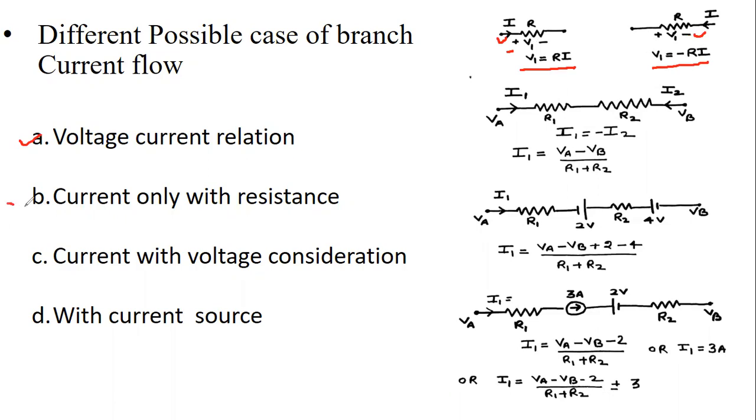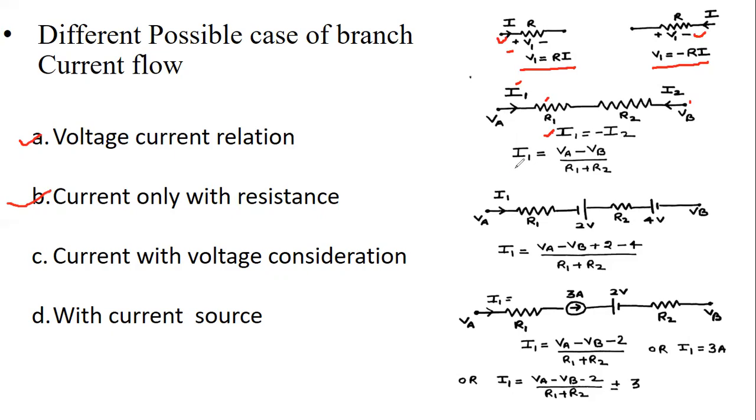Second point is current with only resistance. If in the branch only resistance is given, here we have represented the currents I1 and I2. There is only a single current in a branch, either I1 from A to B or I2 from B to A. So the relation between I1 and I2 is I1 equals minus I2.